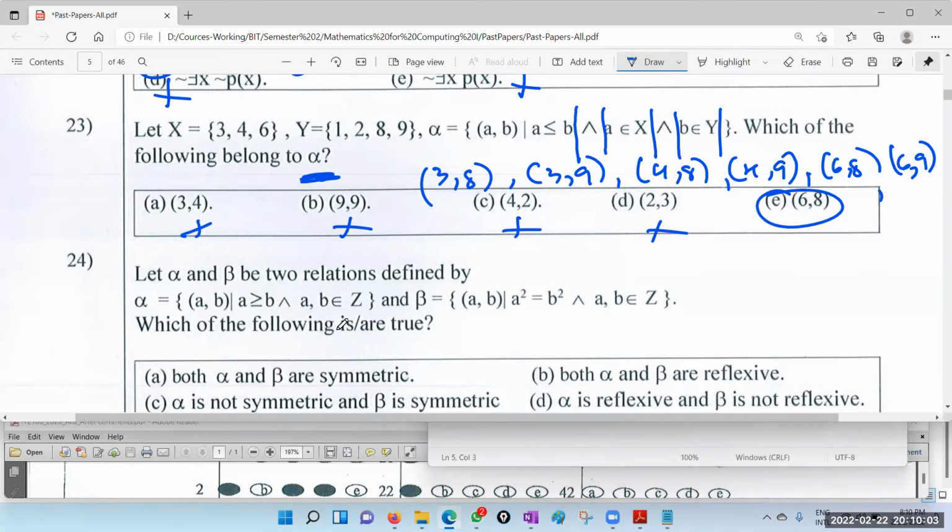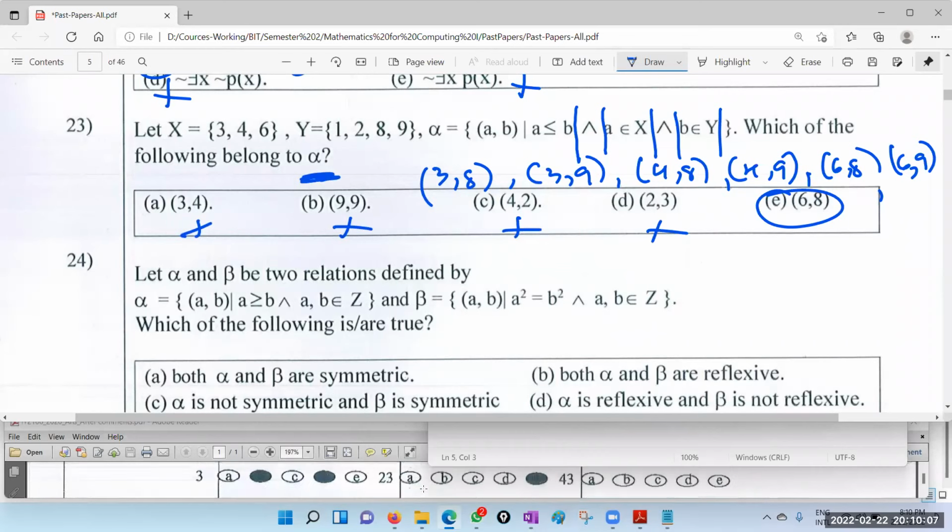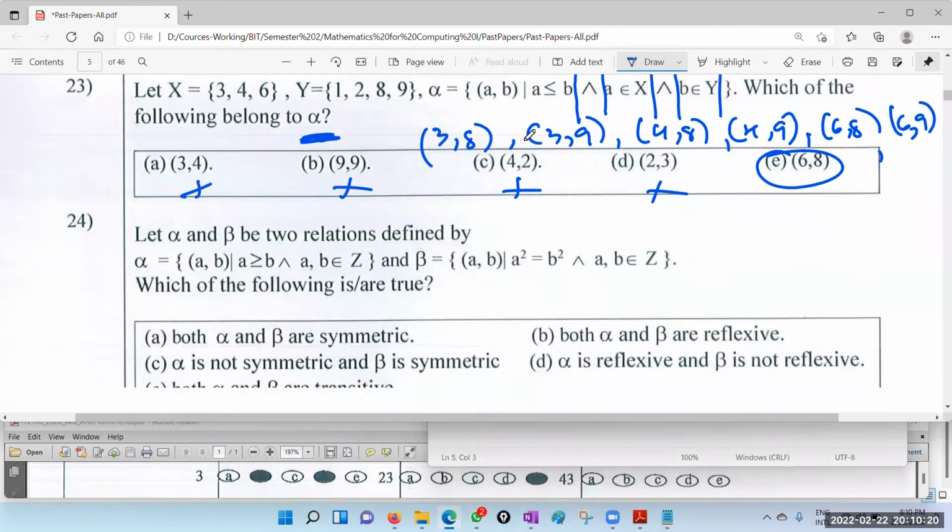Answer is E. 23 answer is C. Right, I hope you got that confusion resolved. So this is and is this one and this one and this one. Okay. Right, 24.